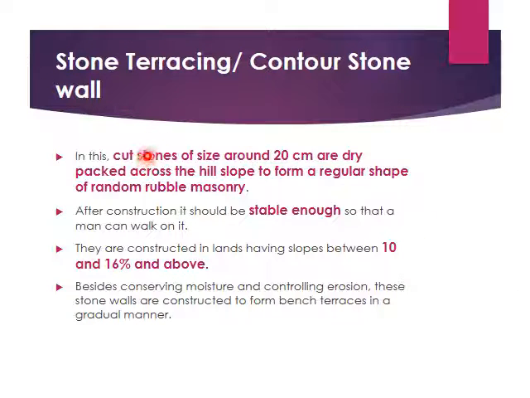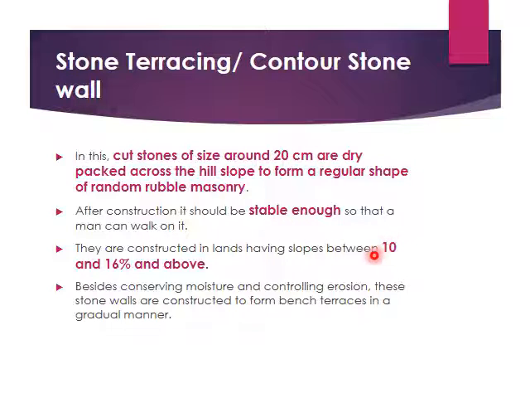Cut stones of around 20 centimeter size are dry packed across the hill slope to form a regular shape of random rubble masonry. It becomes like a construction, some masonry work is done, so it will be stable enough that a man can walk over it.